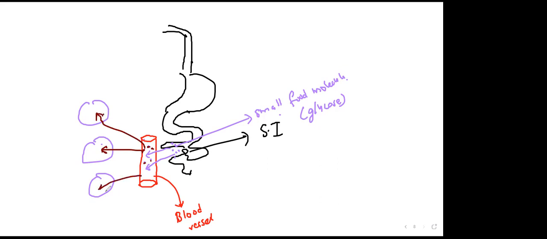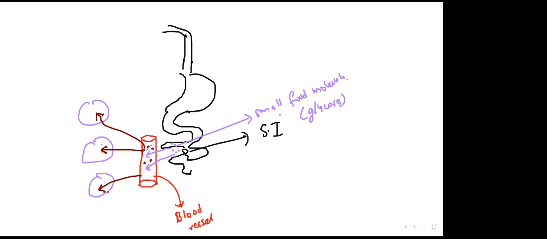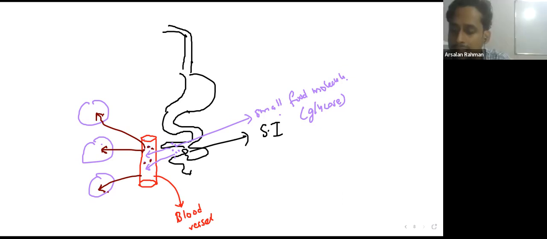This process is called absorption. Now you know the meaning of absorption. The small food molecule will be absorbed or will enter into blood vessel, and this blood will take this food and circulate it to all the cells. है ना? This food will enter into all cells. Why will food enter into all cells?